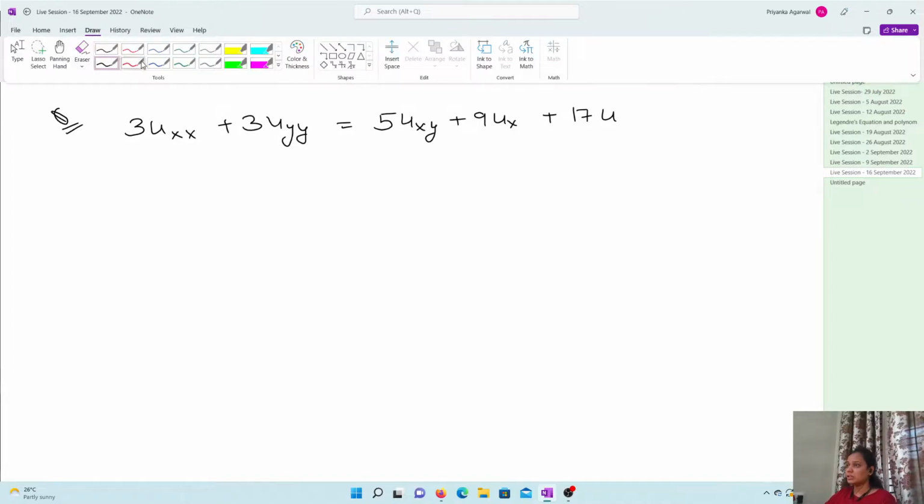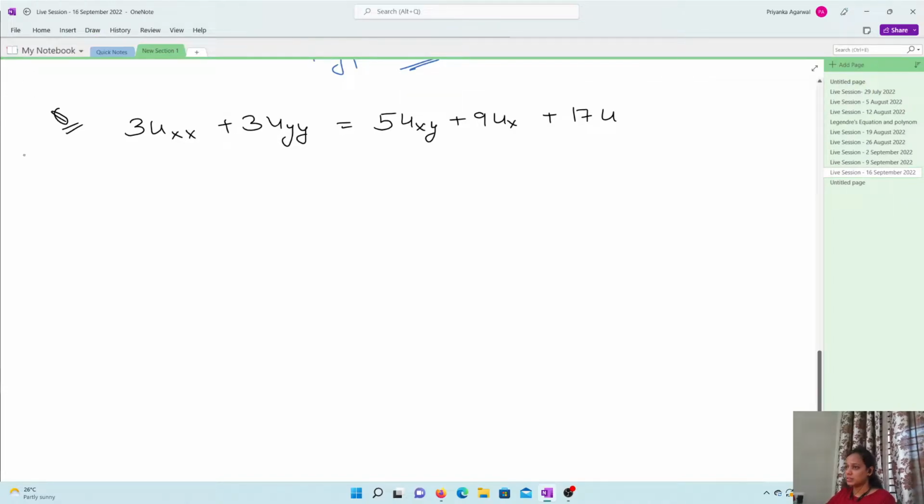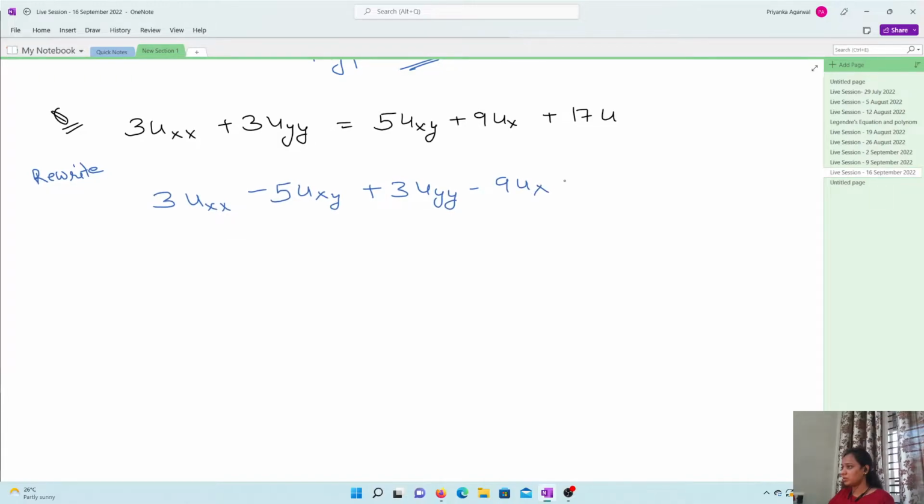Now again, to classify, we will first rewrite it in the general form, which is 3uxx minus 5uxy plus 3uyy, and the rest we don't care about because they don't govern the behavior, minus 9ux minus 17u equals to 0.